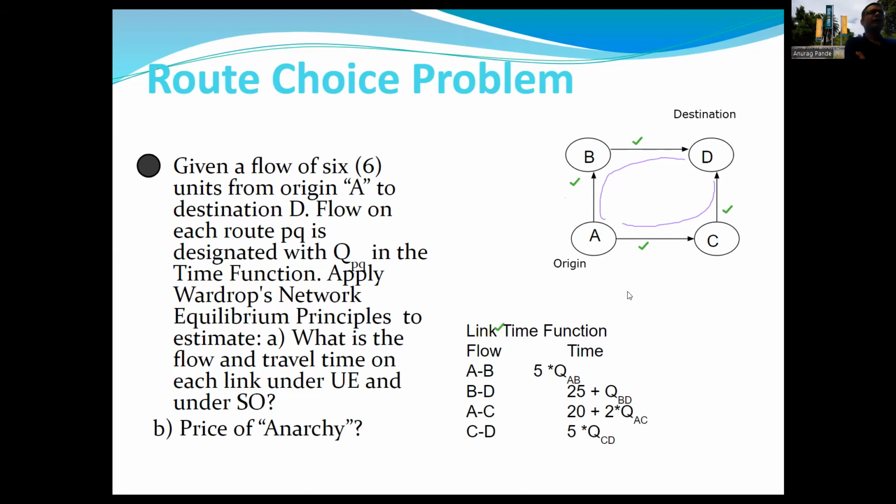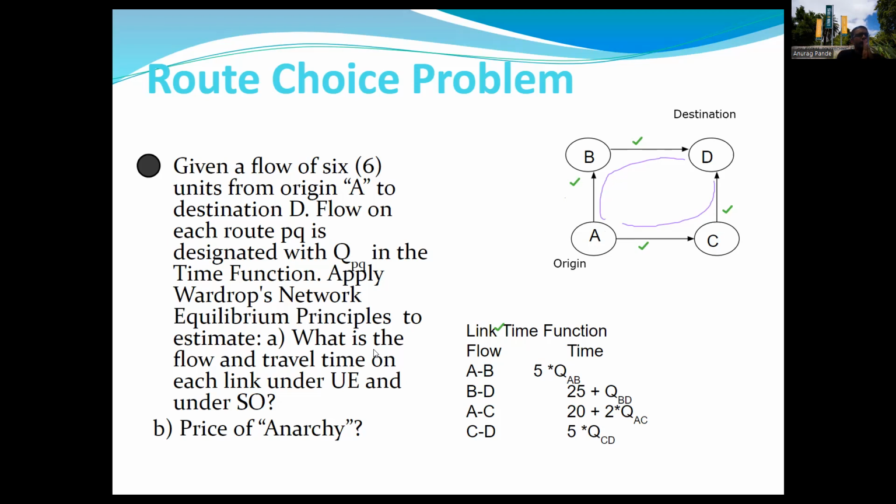Now, before I can solve the problem, it's asking me how I should divide the flow between two routes using the user equilibrium principle and the system optimal principle. I'm also trying to determine the price of anarchy.